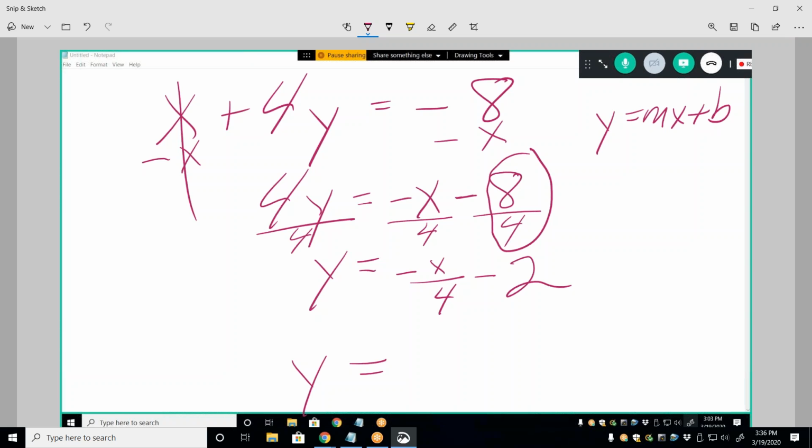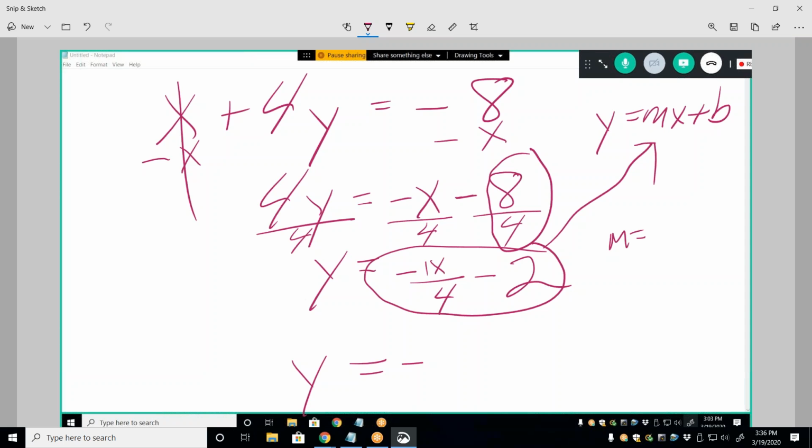Now tell me what the slope is. 1 over 4. It's negative. In other words, let's rewrite this so that it's in precisely that format. There's a 1 right there, it's just we don't write it.